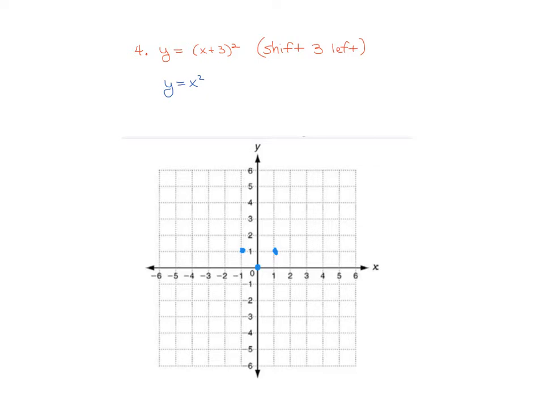Okay, so now I'm going to take each of the coordinates and shift them 3 units to the left. So first shift the negative 1, 1, then the origin, and then the 1, 1. I can connect the points and it forms the letter U.